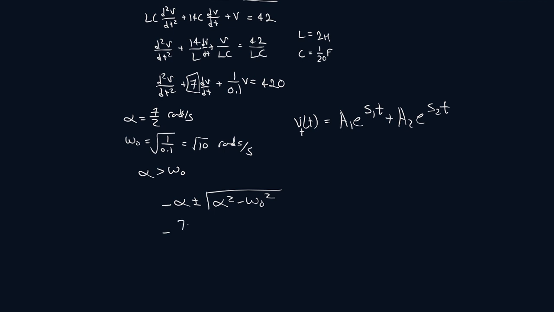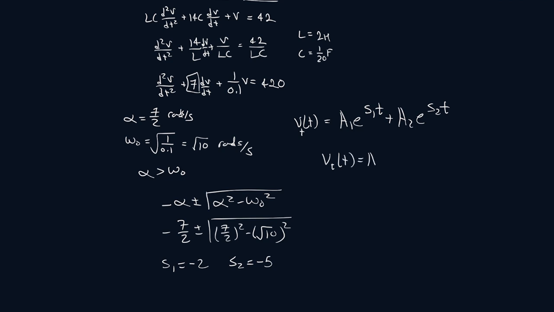This is 7 over 2 squared minus square root of 10 squared. So S1 will be minus 2, S2 will be minus 5. This is Vtt equals A1 e^(-2t) plus A2 e^(-5t).